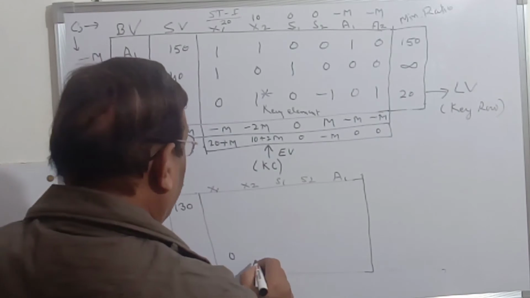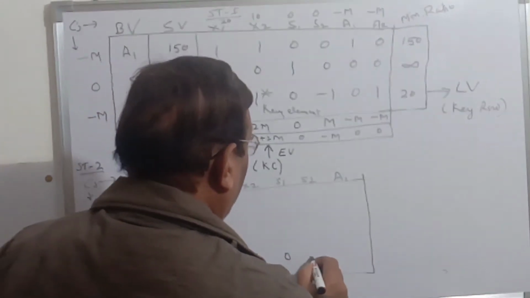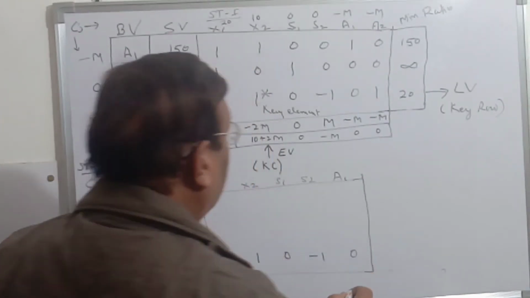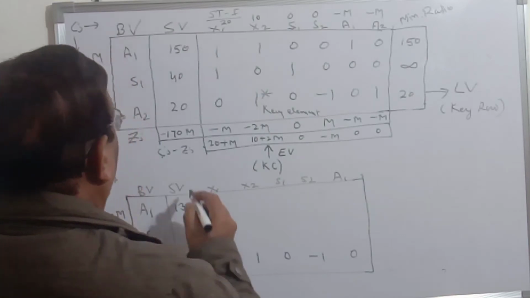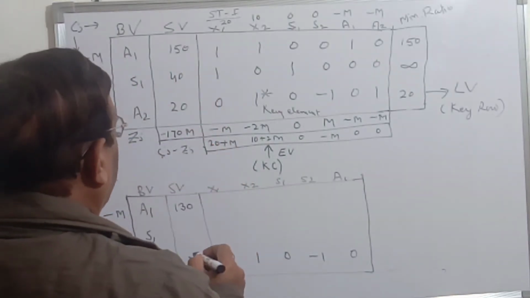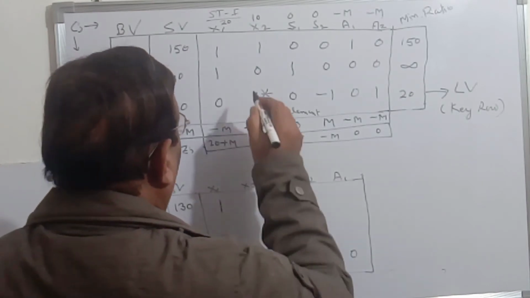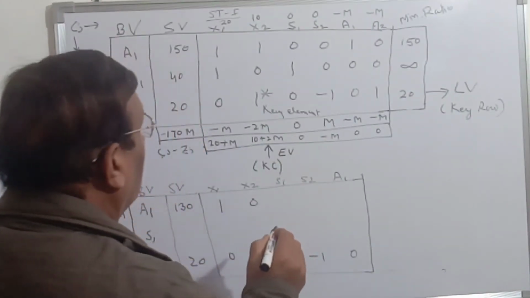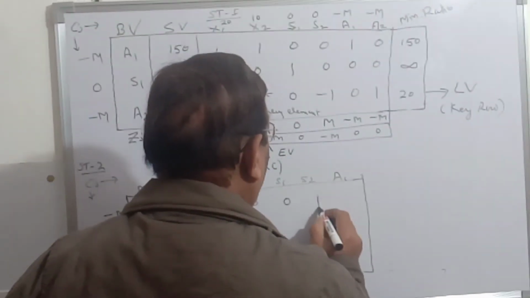Let me write down this first. 0 minus 1, 0. We are leaving A2. Now 150 minus 20, 130, 1 minus 0, 1, 1 minus 1, 0, 0 minus 0, 0, 1 minus 0, 1.